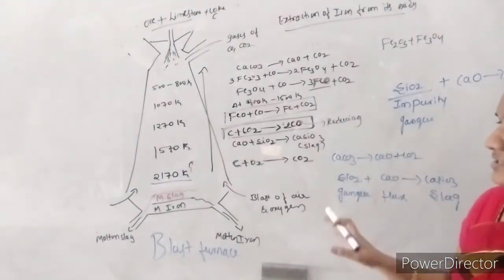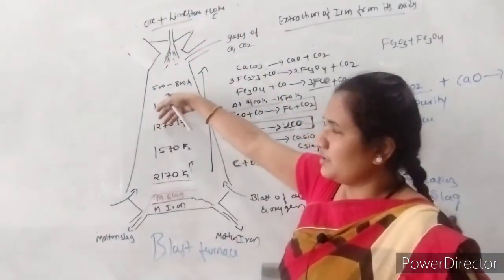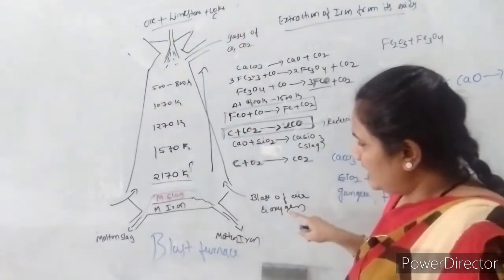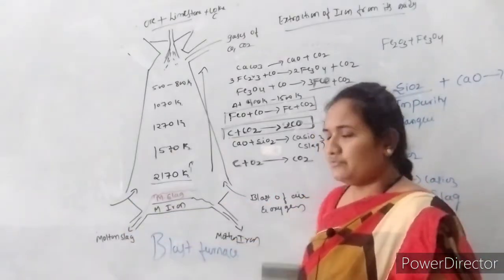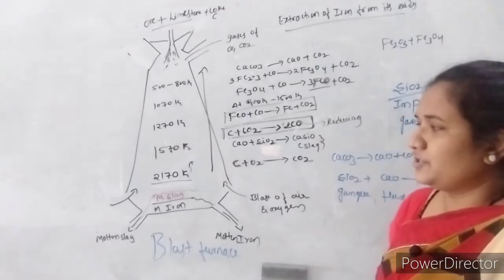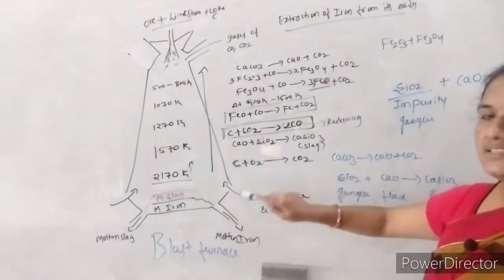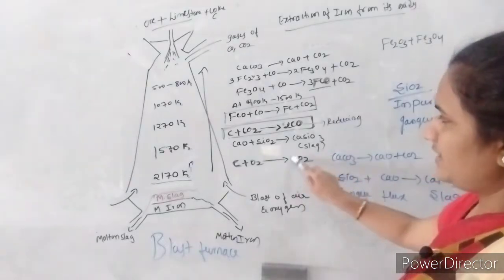Firstly, you have to consider the ore, limestone and coke which we add within the blast furnace. At the bottom of the furnace we supply a blast of air and oxygen, so high heat will be produced. The coke will undergo oxidation at this temperature and produce carbon dioxide.